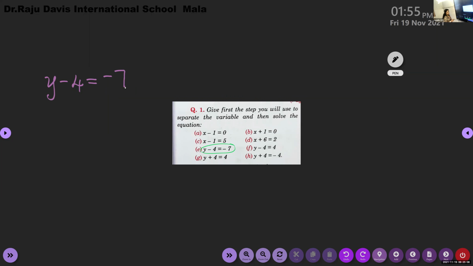When you write the answer, always left hand side and right hand side should be there. What is left hand side? We have to transpose this to the right side. So what is on the left side then? Okay, -7 plus 4.